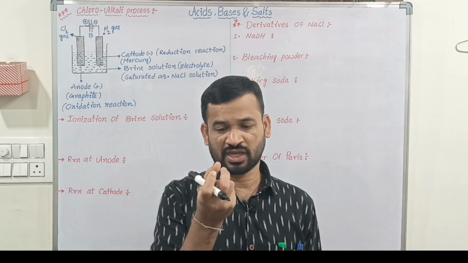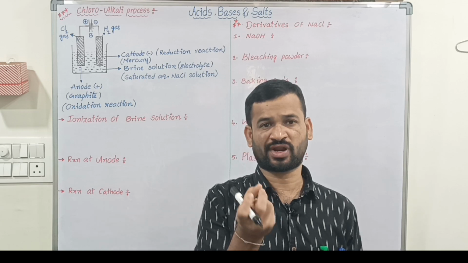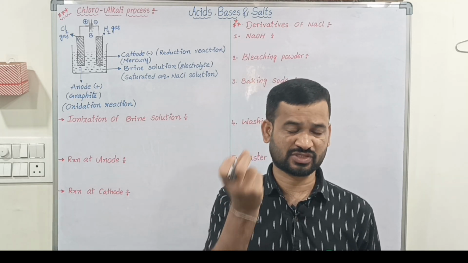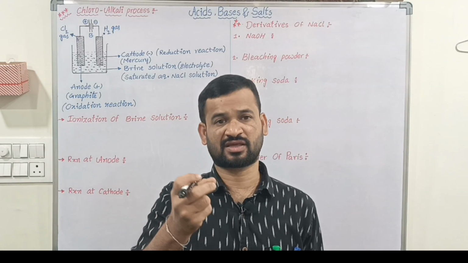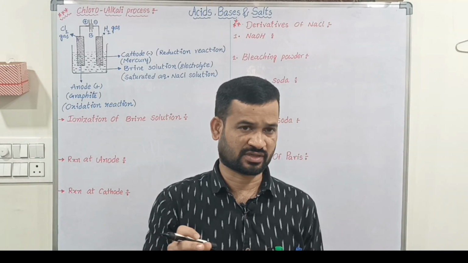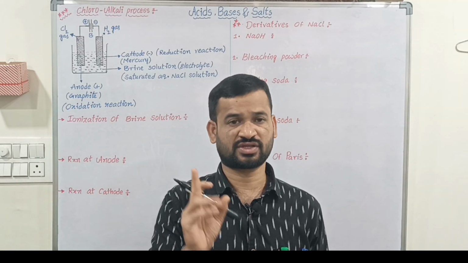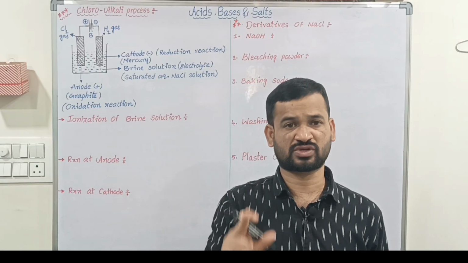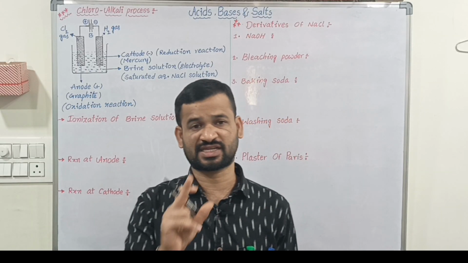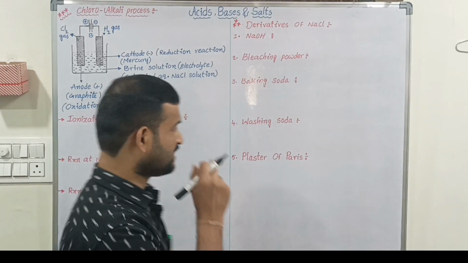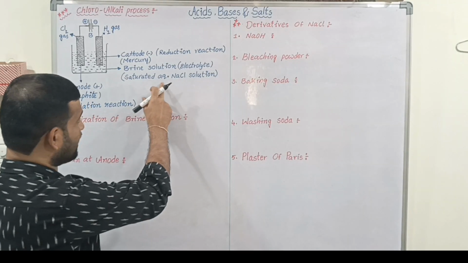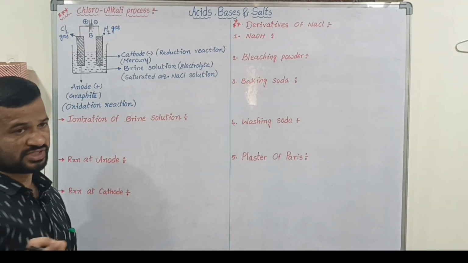Only a specific amount of sodium chloride will be dissolved in the water. The rest of the sodium chloride will settle at the bottom of the beaker. That is called a saturated solution. That kind of saturated aqueous sodium chloride solution is taken as electrolyte in this process. Brine solution means saturated aqueous sodium chloride solution.